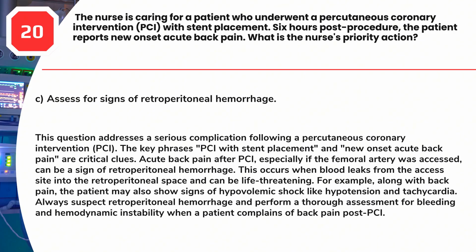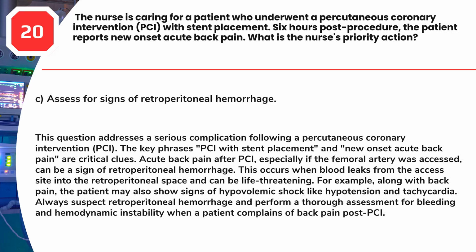Answer C. Assess for signs of retroperitoneal hemorrhage. This question addresses a serious complication following a percutaneous coronary intervention, PCI. The key phrases PCI with stent placement and new onset acute back pain are critical clues. Acute back pain after PCI, especially if the femoral artery was accessed, can be a sign of retroperitoneal hemorrhage.